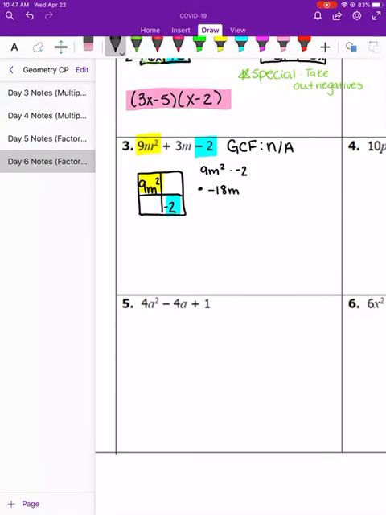So I'm multiplying to get negative 18m squared, but I'm going to add to get 3m. Okay? So if I'm multiplying to get a negative, that means that one of them is going to have to be negative. Okay? So over here, you can make your little chart if you want.